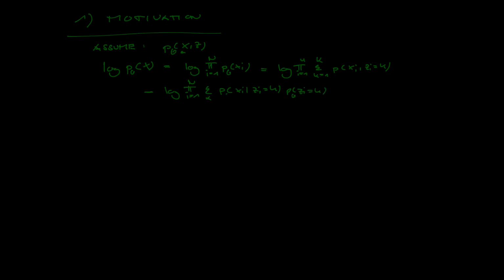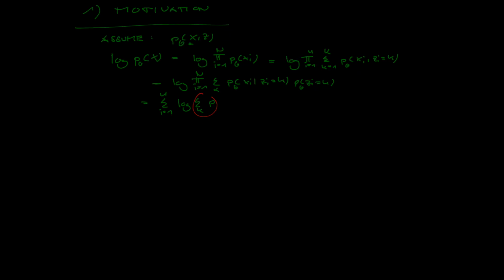And these are, of course, all parameterized by some parameters, which we would like to know, right? And then we can put the logarithm inside, which is what we normally do. But in this case, we have this nasty sum here, and this makes it very hard for us to optimize.